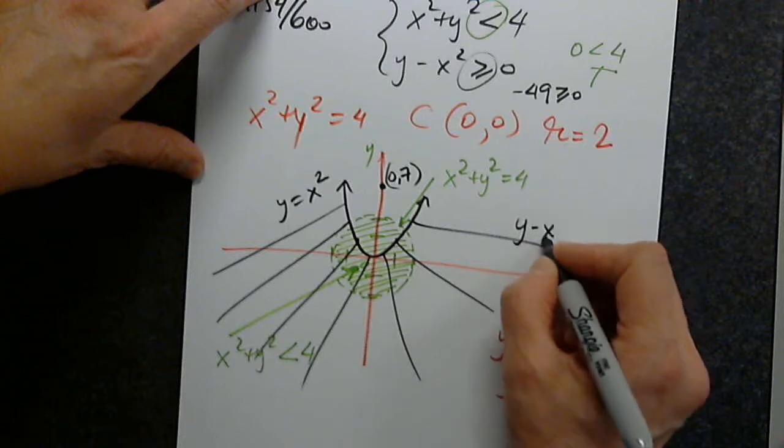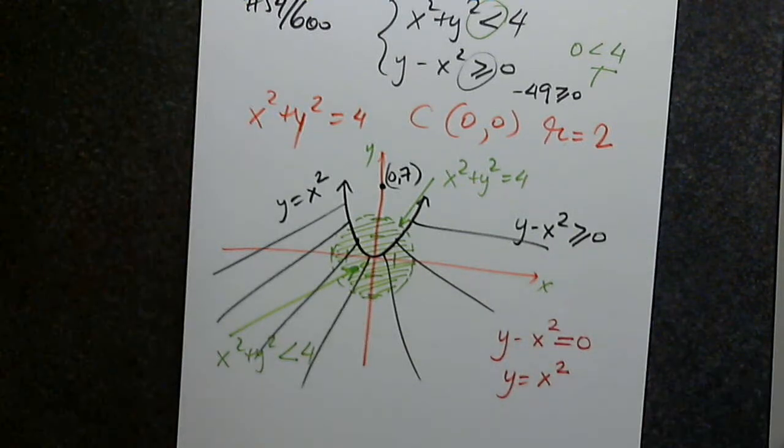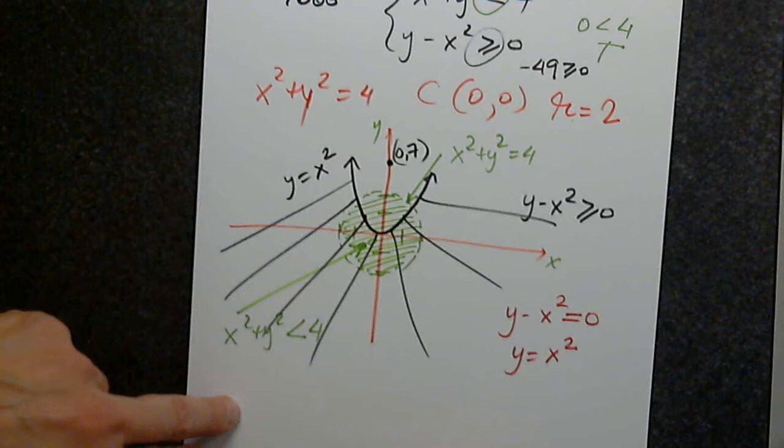So this is y minus x squared greater than or equal to 0. I don't care for either one. I only care for both, because I'm solving a system and both inequalities have to be solved. So where do I look?